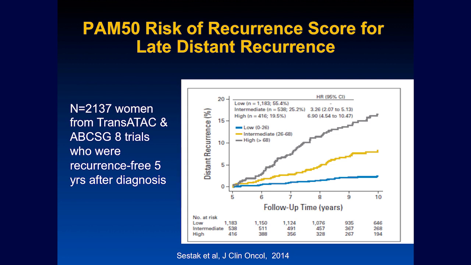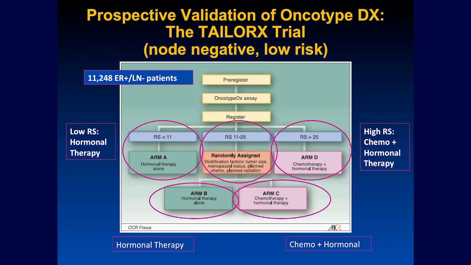And that's why the Oncotype DX company actually promoted this trial called the TAILOR-RX trial. This TAILOR-RX trial uses 11,000 ER positive, lymph node negative patients, and the Oncotype DX assay is done at the get-go.